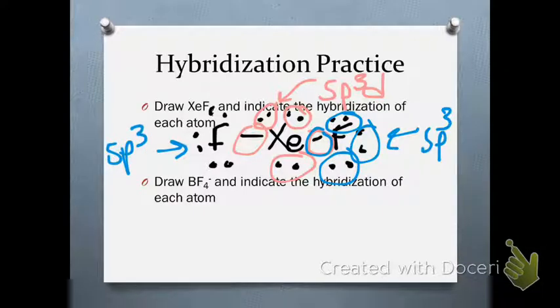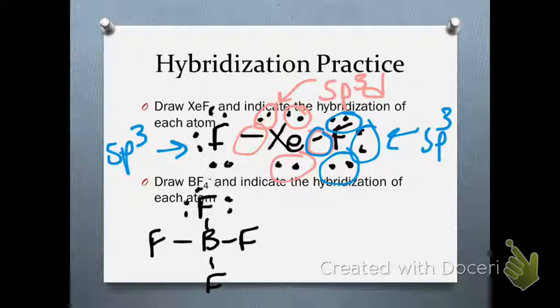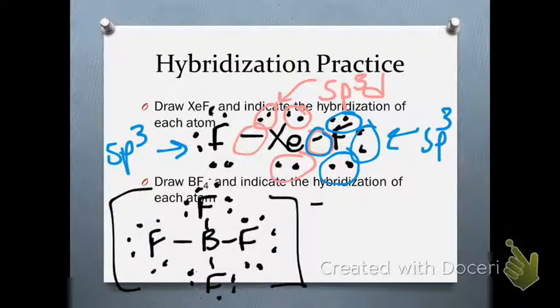Now, the other one that I asked you to draw, you should have had something that looks like this. And do you have brackets? Because if you don't, you need to add them into your picture. Okay, now, sorry it's not the neatest, brackets, charge, and then you start counting areas.